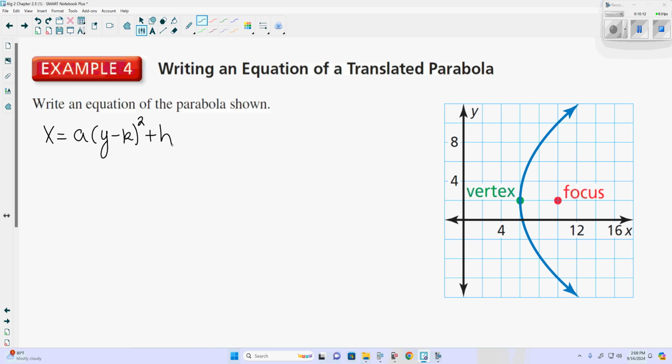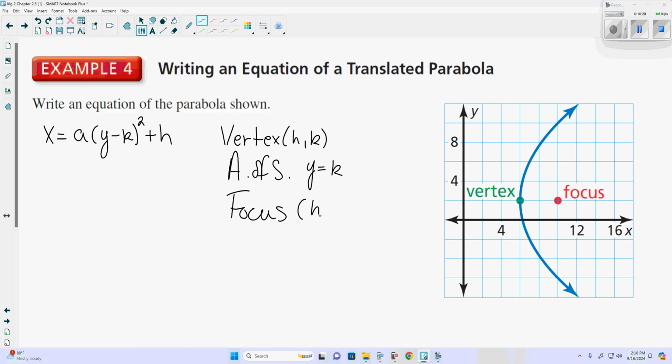Now, according to this form, the vertex, and I'll move here in a second, is h comma k. Axis of symmetry, y equals k. Focus, h plus p, comma k. And lastly, directrix, x is equal to h minus p.